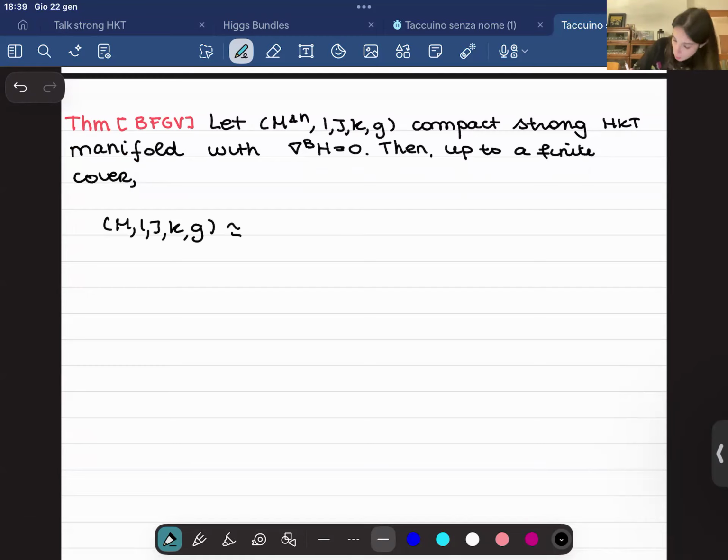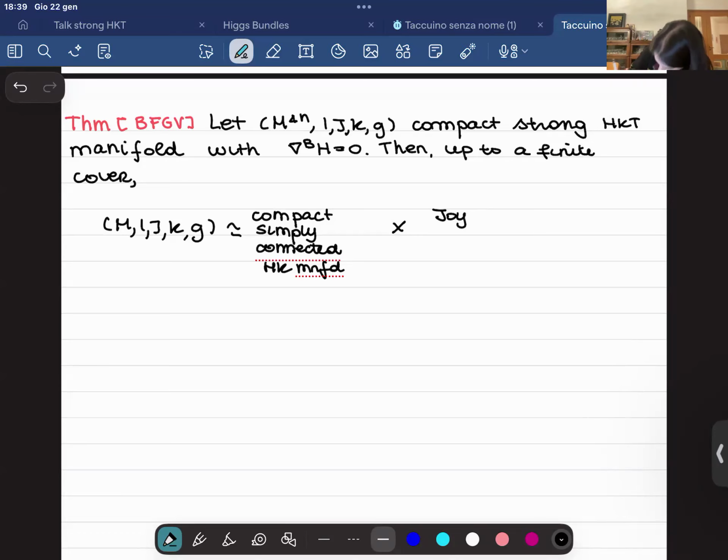The first is a compact, simply connected hyperkähler manifold. And the other one, this is a bit imprecise, but let me call this a Joyce hypercomplex manifold.